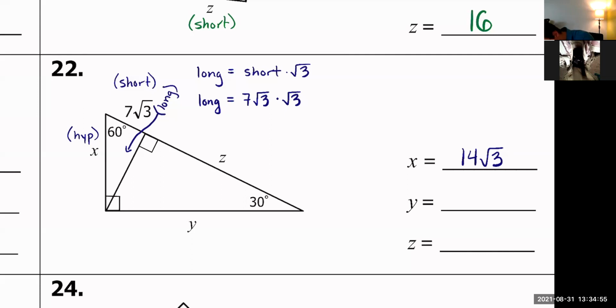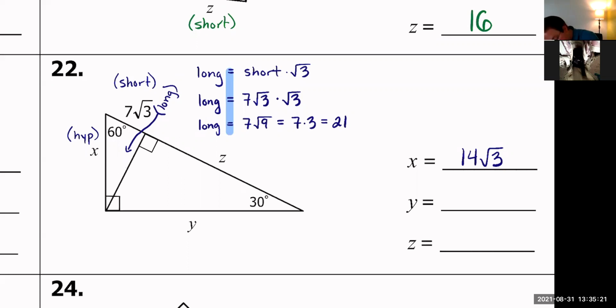Didn't give myself enough room here. So I get the long leg in there equals 7 times the square root of 9. What is the square root of 9? 3. What's 7 times 3? 21. So although it didn't ask for it specifically, squeezed in here.